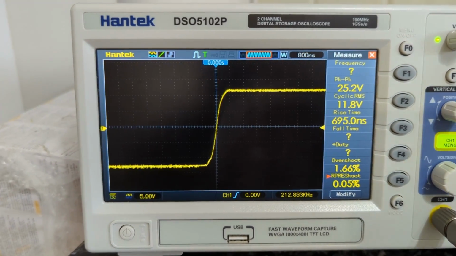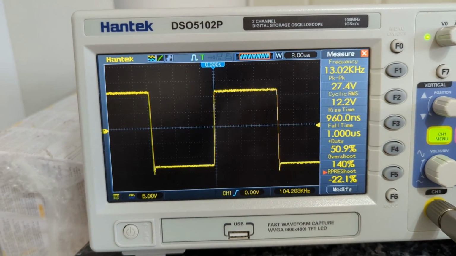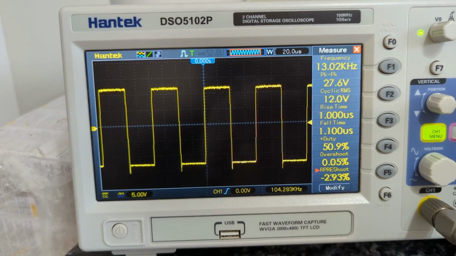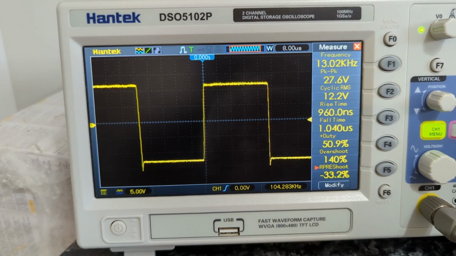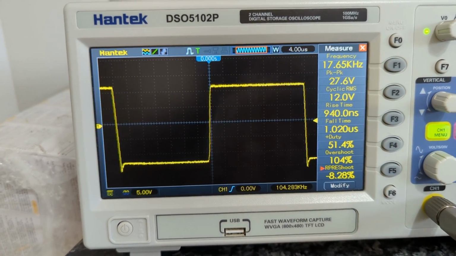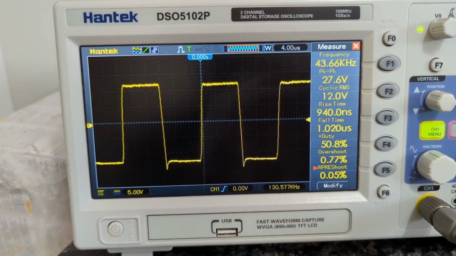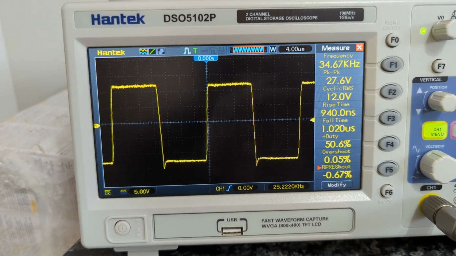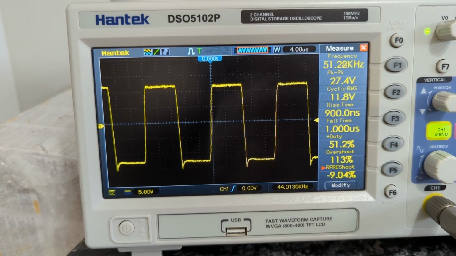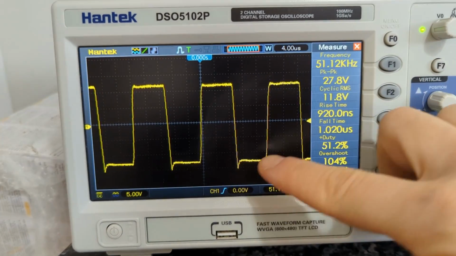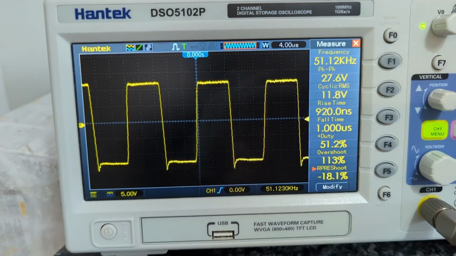But yeah, this amplifier performs perfectly up to 20 kilohertz, no problems whatsoever, even at higher frequencies. So 30, 40, 50 kilohertz is still a square wave. You have something here, but 50 kilohertz is still a square wave.